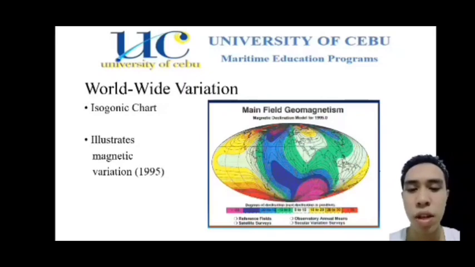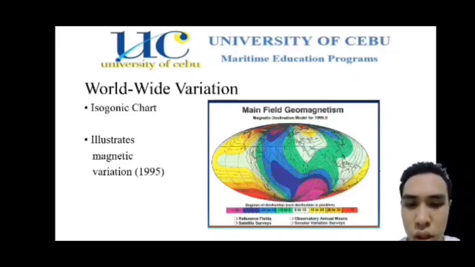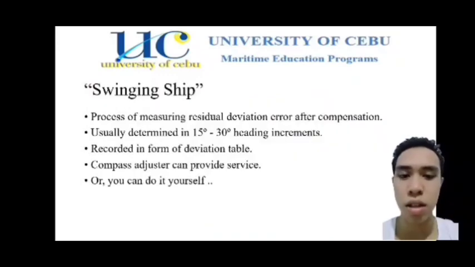There are different colors for different degrees, such as negative 30 degrees, 20 degrees to 30 degrees, and 20 degrees to 10 degrees. So it is the magnetic declination model for 1995.0.